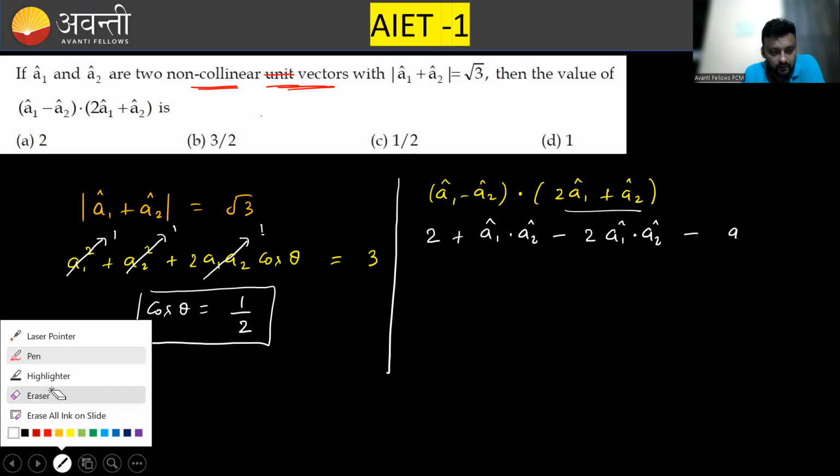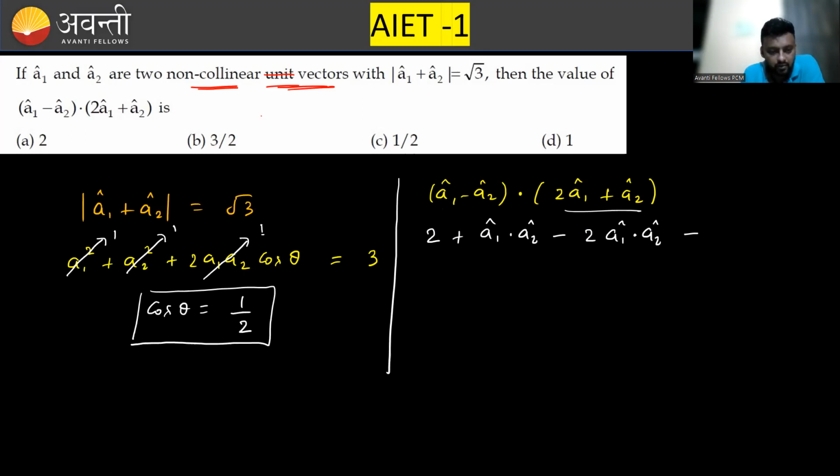A2 dot A2. What is A2 dot A2? A2 dot A2 is 1. I think you know this term, na? A1 dot A1. Vector A dot A is what? Like I am saying, there is vector A and you are calculating A dot A. A dot A is vector A into A into cos theta.